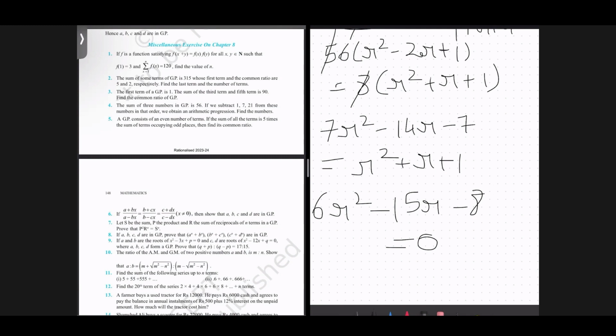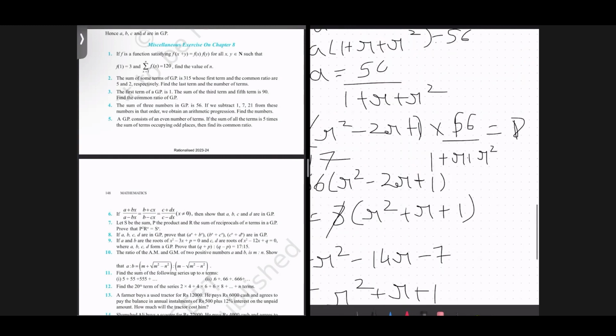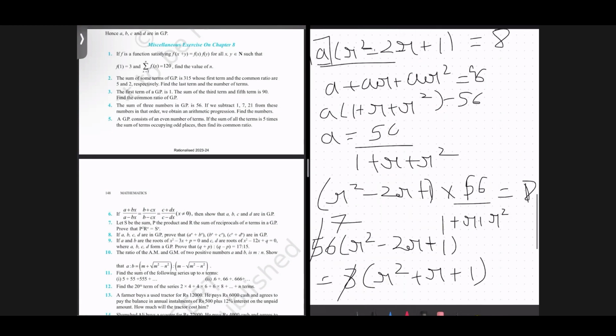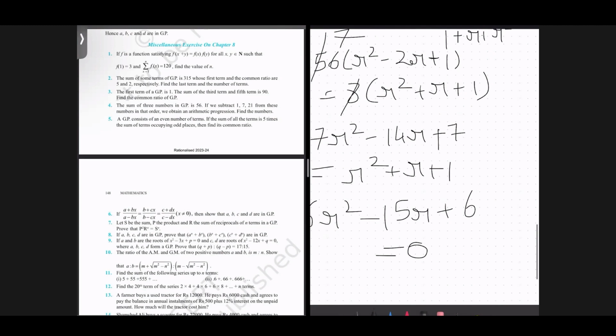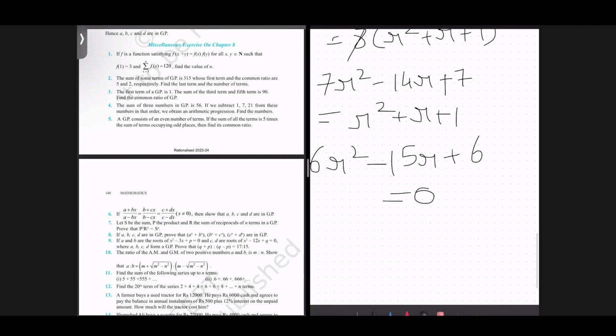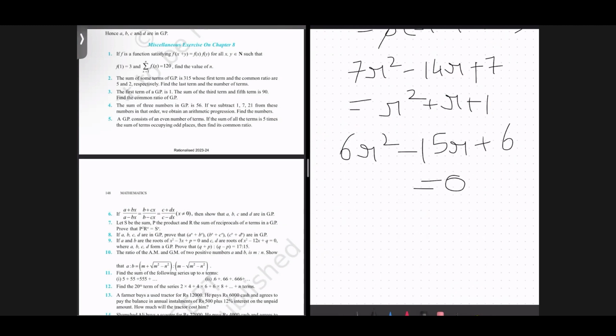Sorry. The equation is going to be +1 right here, not -1. So it's going to be +7, and this is not going to be -8. It's going to be +6. Sorry, guys, my bad. When you do this, 6 into 6 is nothing but 36, and 36 is 12 into 3, right? That is how we're going to solve this.